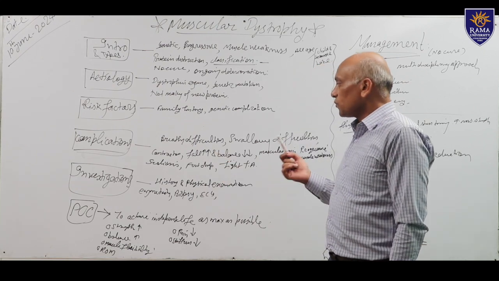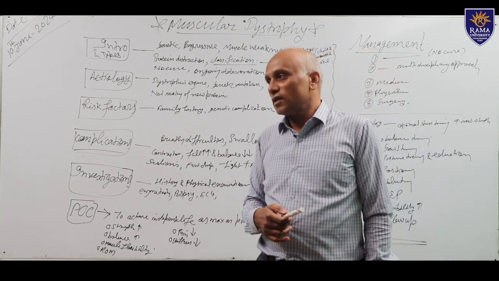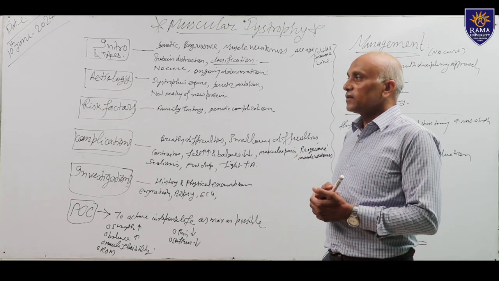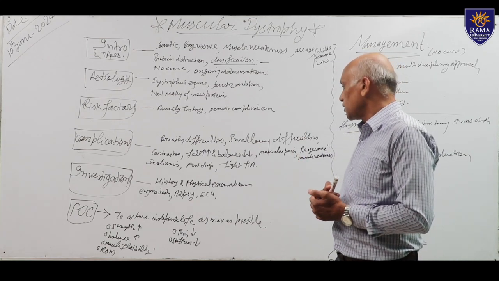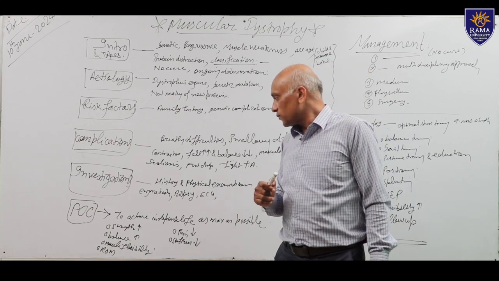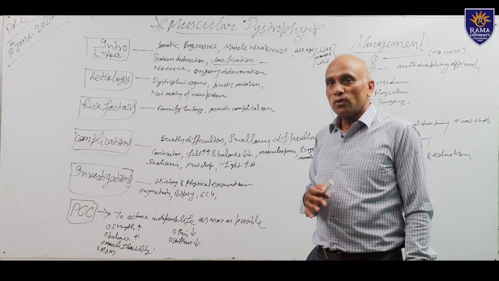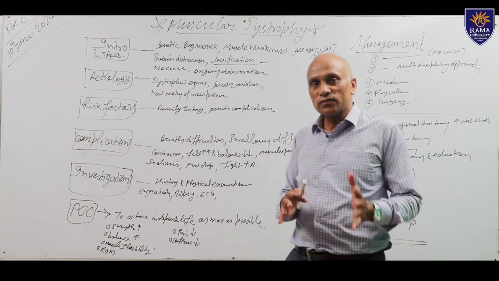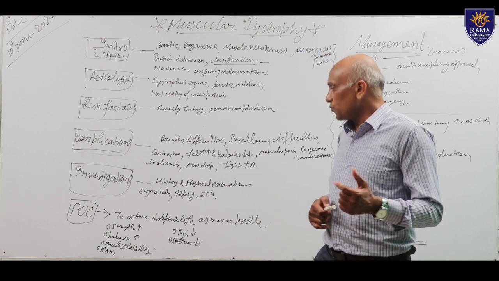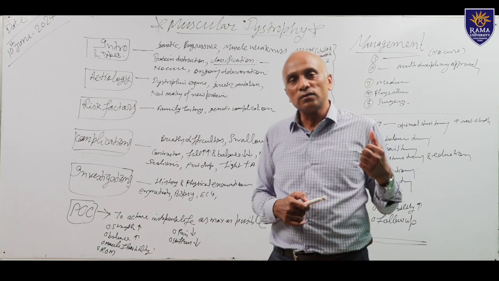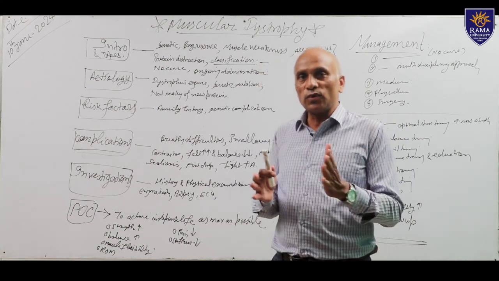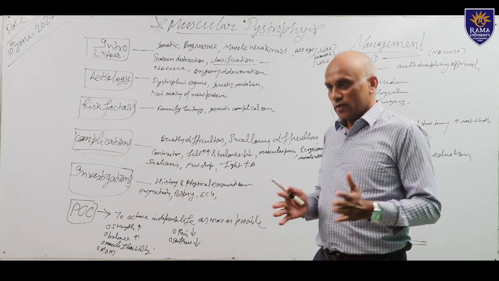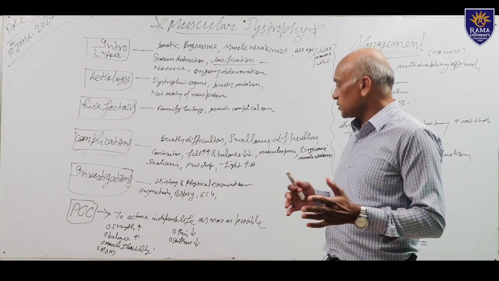Next, what will be the next step? There is a plan of care: how to plan and how to care for these conditions. To do that, first we have to manage these conditions. We have to focus on what things we are supposed to manage as early as possible, or in a continuous process, because it is an ongoing process.